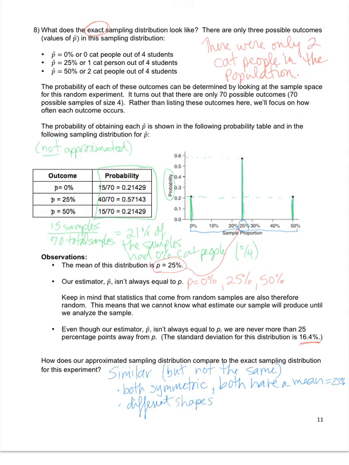Well, they're both symmetric, but they're different shapes. The exact sampling distribution is symmetric and unimodal. And the approximate one is symmetric, but not unimodal. In fact, it was uniform.